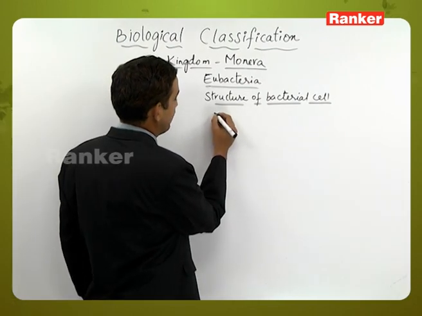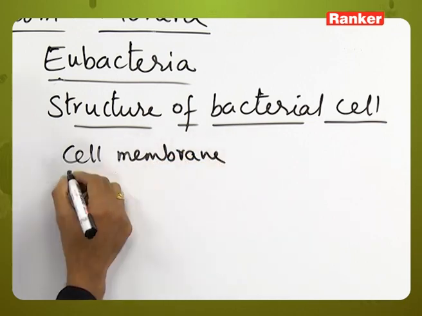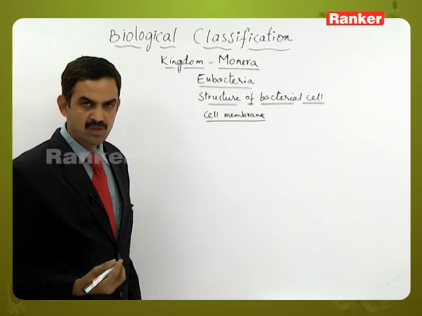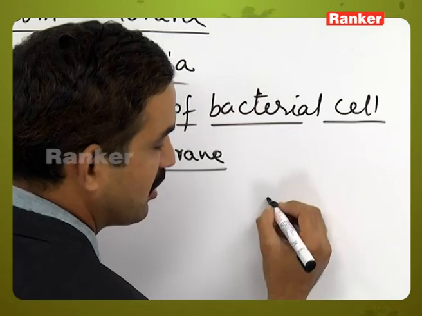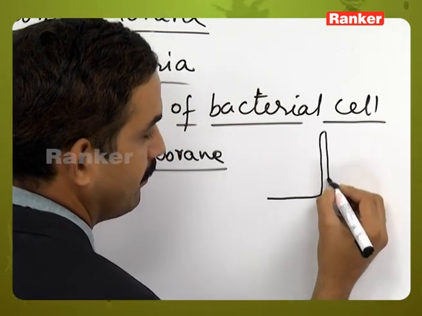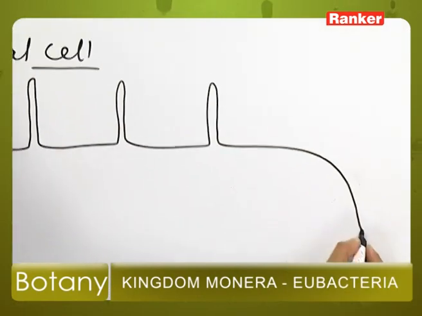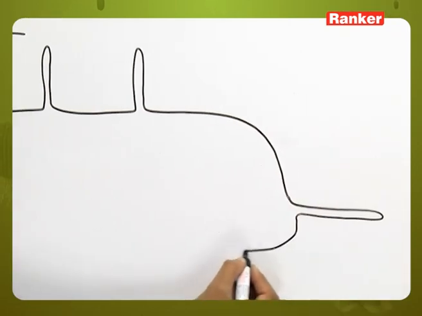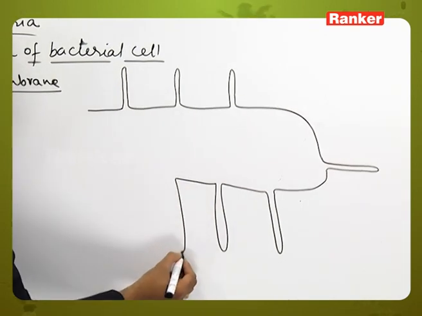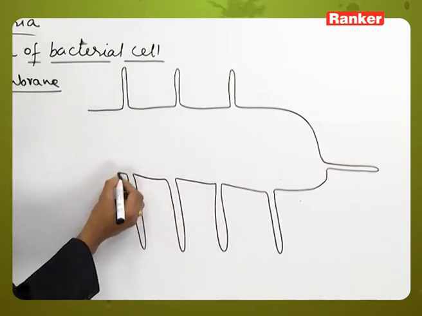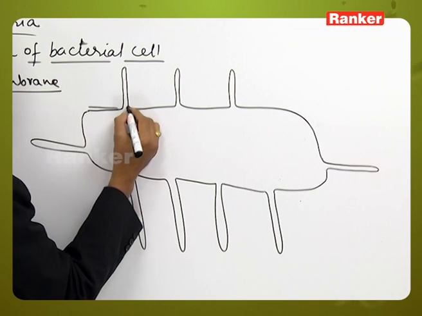So, next one is the cell membrane. The cell membrane is a structure which is present just below the cell wall. If you see the bacterial structure, this is the cell wall which is present outside.